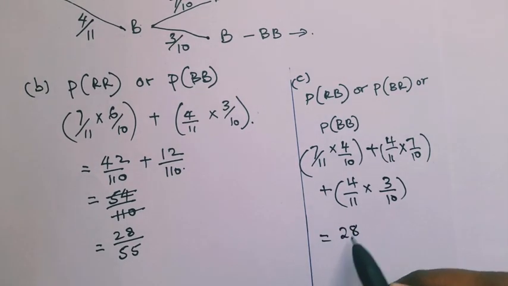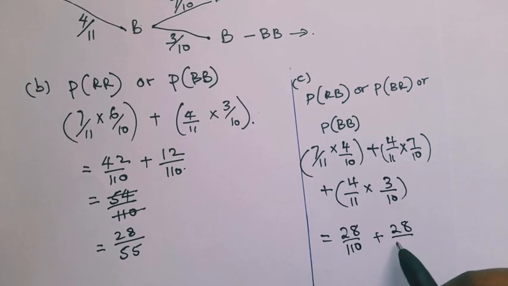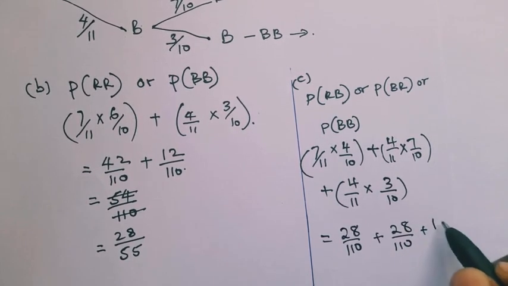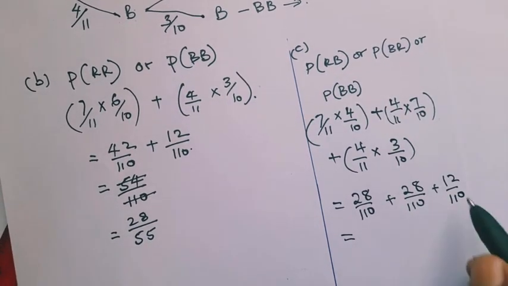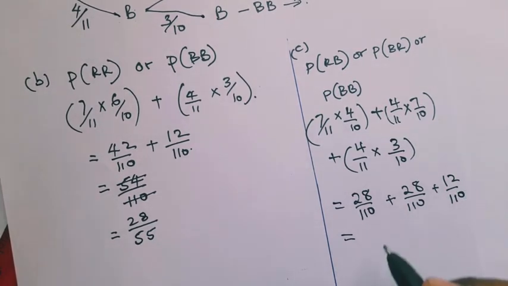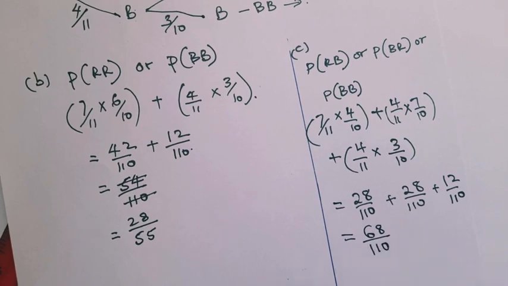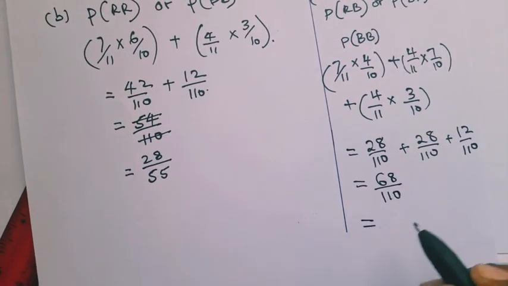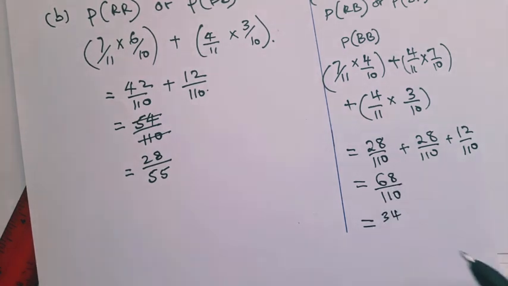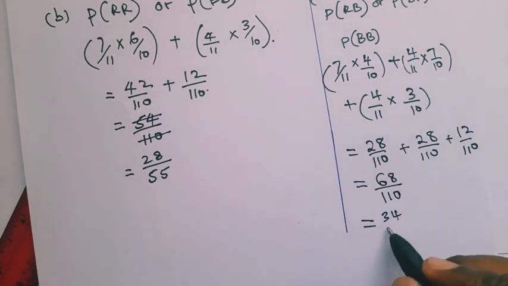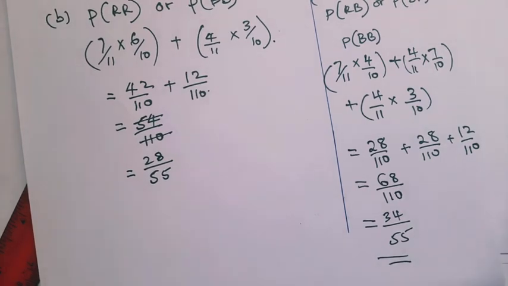This is 28 all over 110 plus 28 all over 110 plus 12 all over 110, and this is 56 plus 12, which is 68 all over 110. And this one, 2 cancels here, 2 goes 34 there, and 2 goes 55 there. So the probability becomes 34 all over 55.